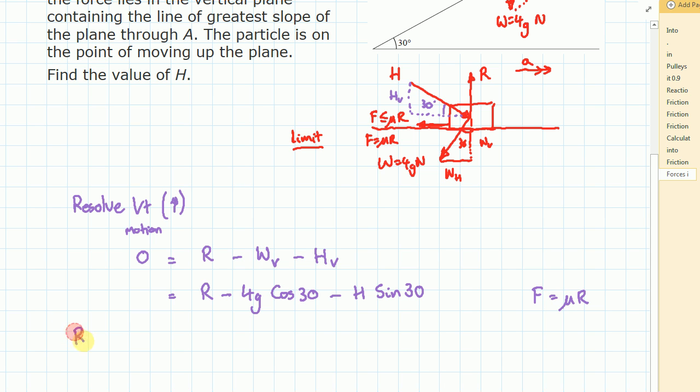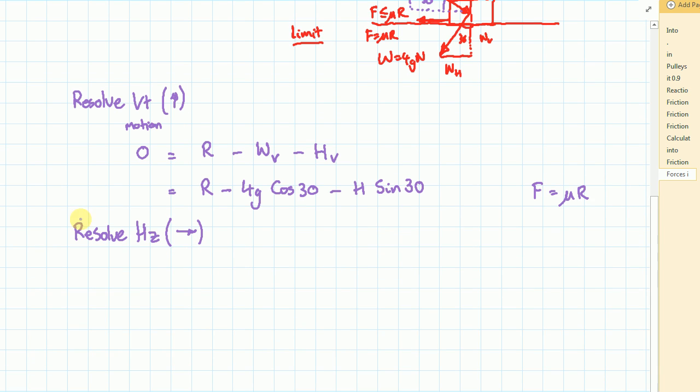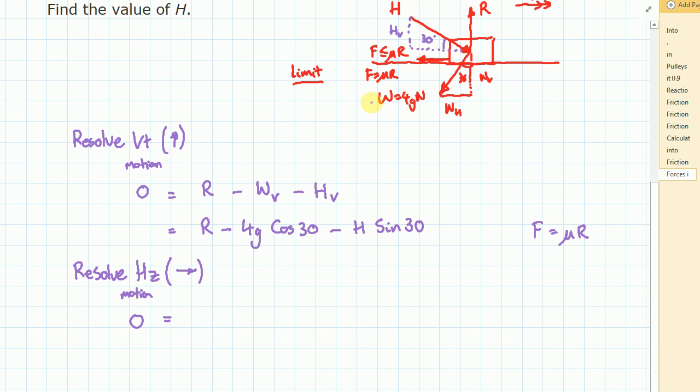So resolve vertically, now resolve horizontally. I'm going to say positive is in the direction of motion, A. Our acceleration is going to be 0, because there's still no motion. What forces have we got acting in our direction? Well, we've got the horizontal part of H pushing towards, we've got the horizontal part of our weight acting backwards, and we've got friction trying to stop me from sliding up the slope.